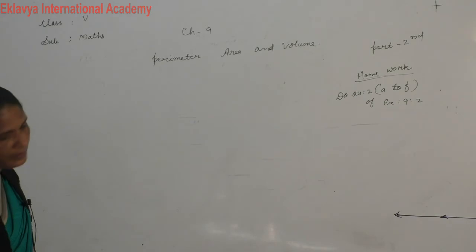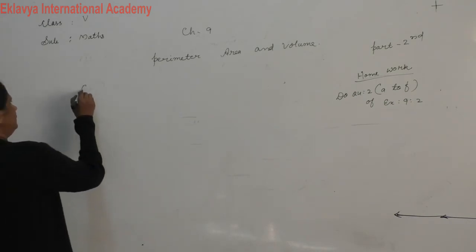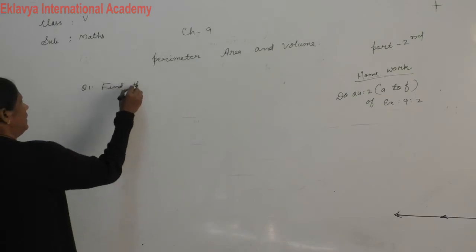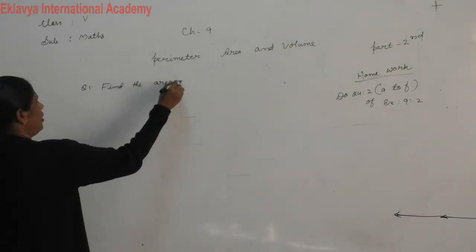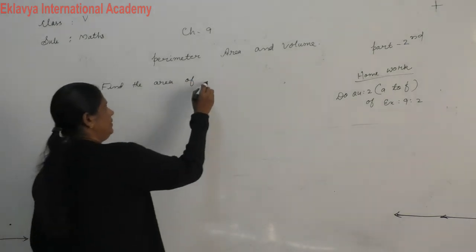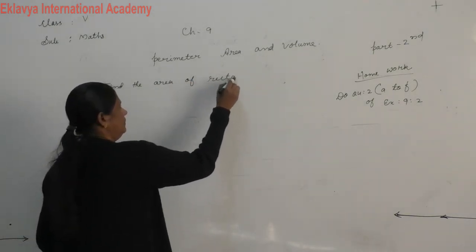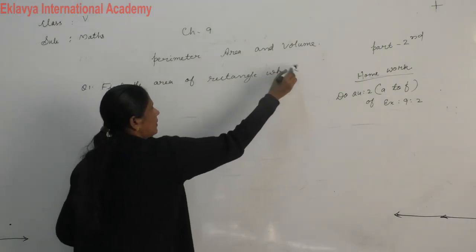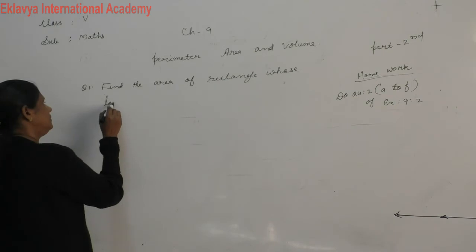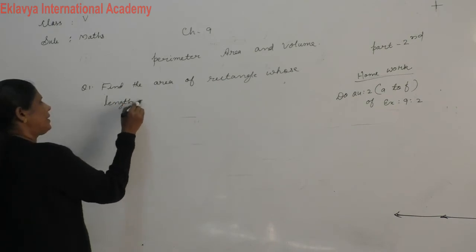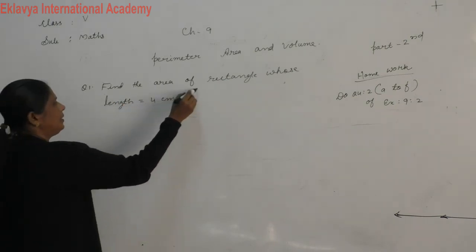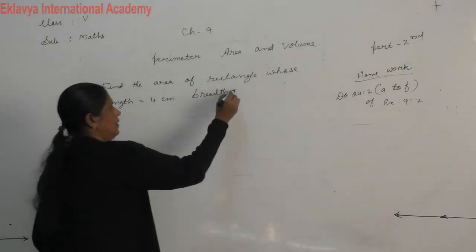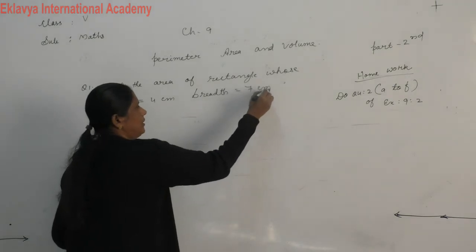First, find the area of rectangle whose length is equal to 4 centimeter, breadth is equal to 7 centimeter.